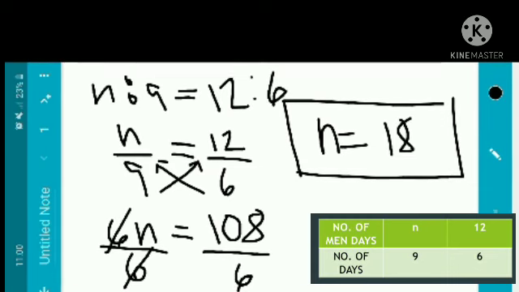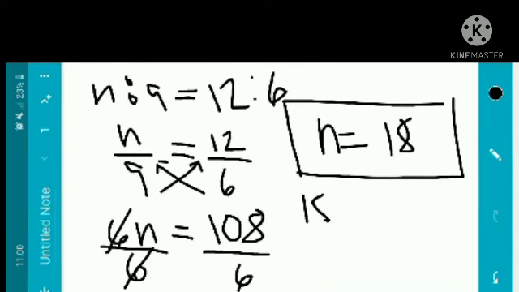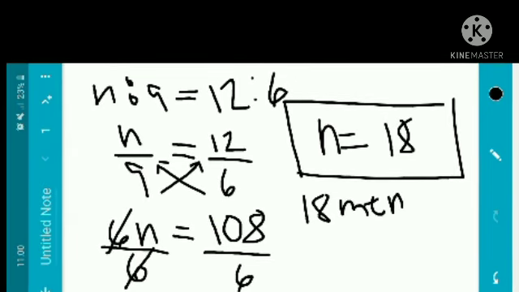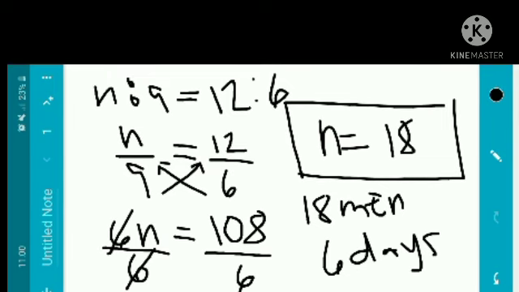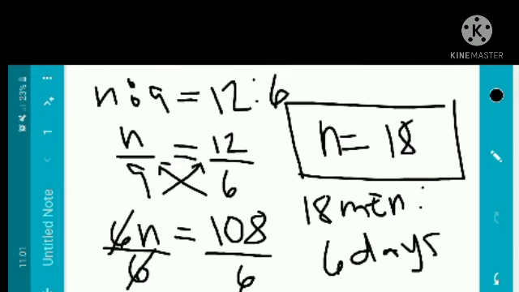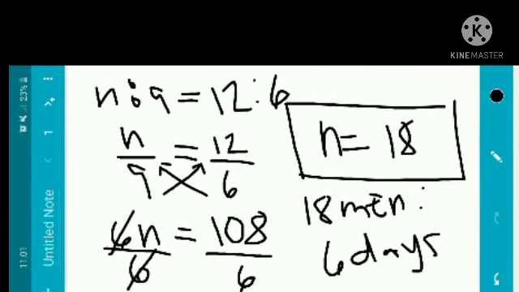So we need 18 men to finish the job in 6 days. That is our final answer. N equals 18 men.